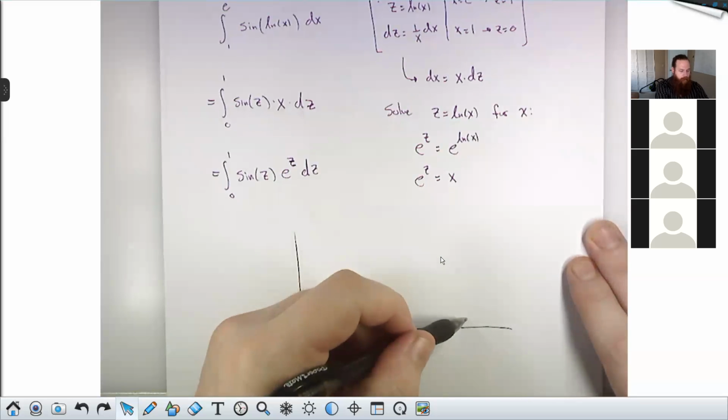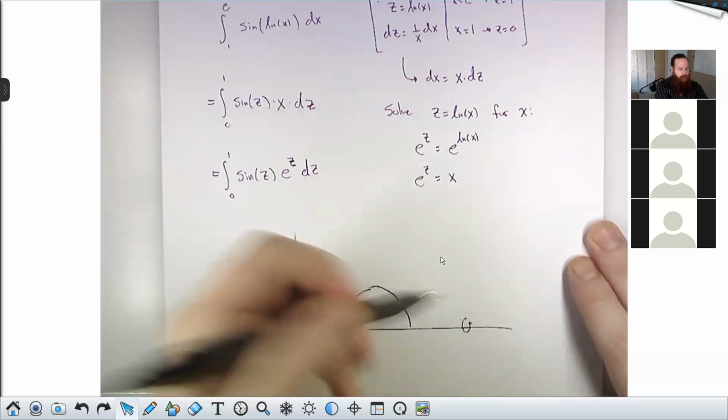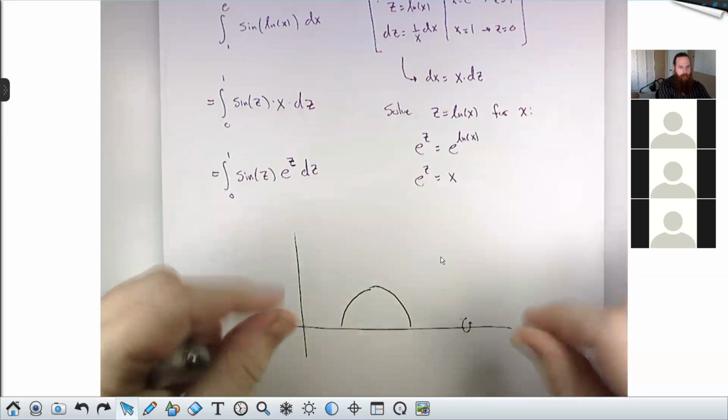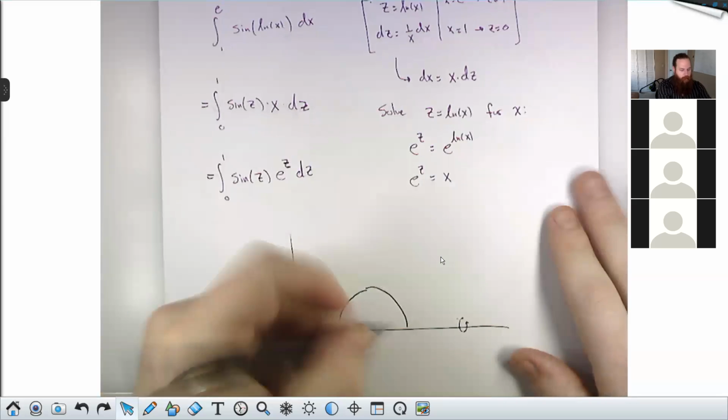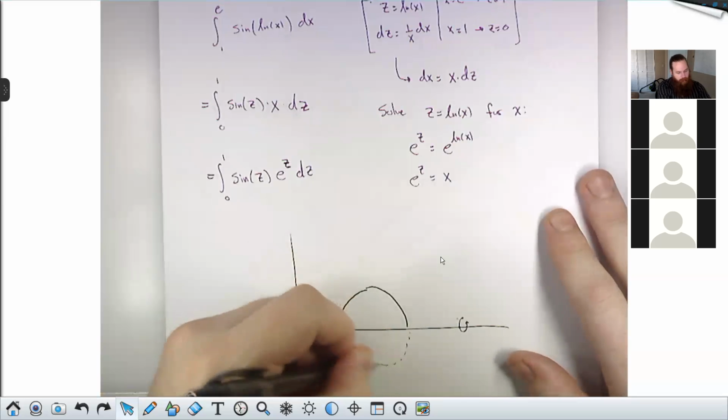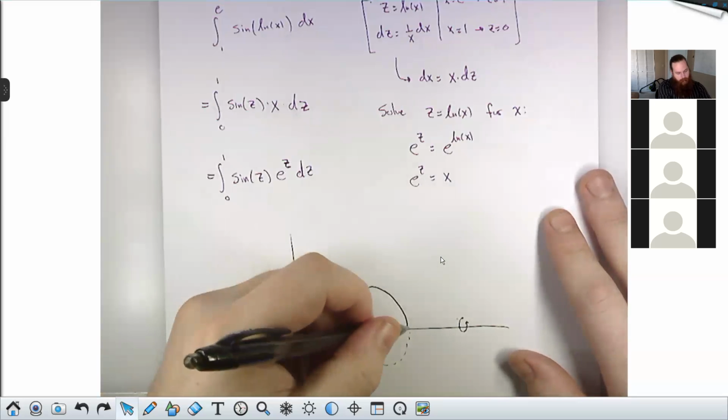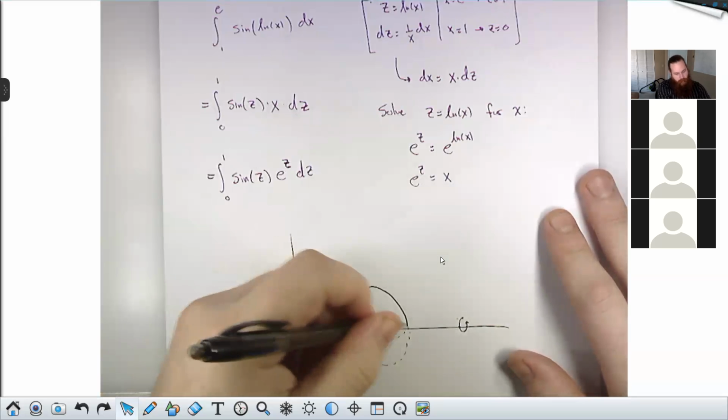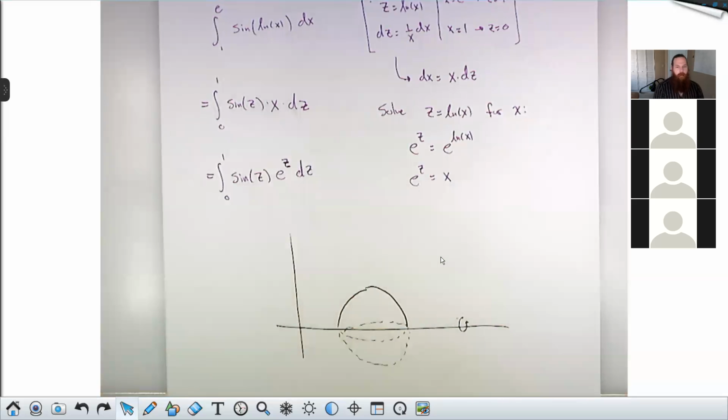If we rotated that about the x-axis, if you imagine I can pick this up and spin it like that, it would sweep out a sphere. And we'll see how to find the volume of the sphere that sweeps out.